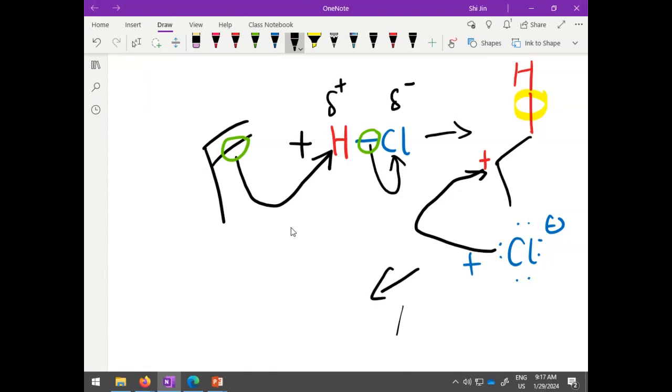Looking at bond cleavage and bond formation, you are net forming one bond, the carbon-chlorine bond. So this step is highly exothermic, so it will be very fast, not rate limiting. That's how you analyze.